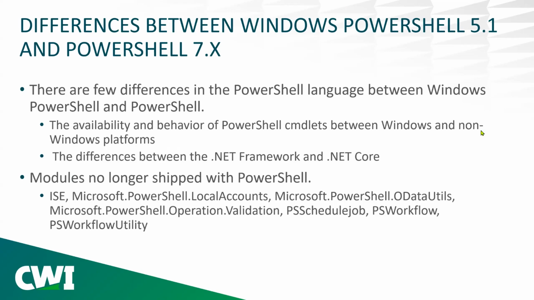Some modules are no longer shipped with PowerShell, and you can see these listed down here. So you just need to be aware that if you're using an older version, there are some things that may not be available later on.